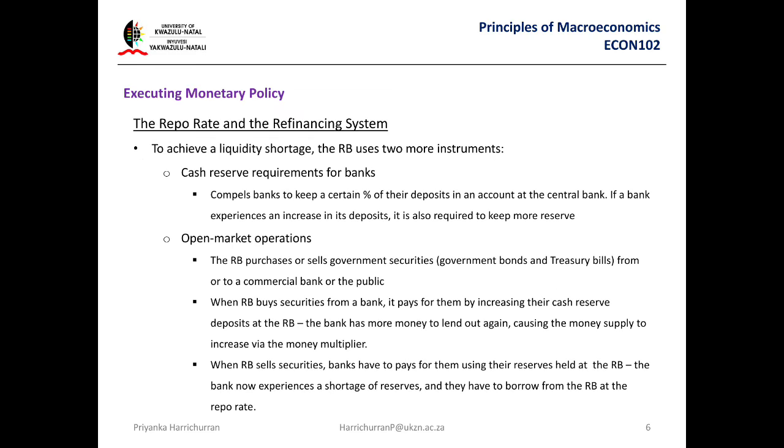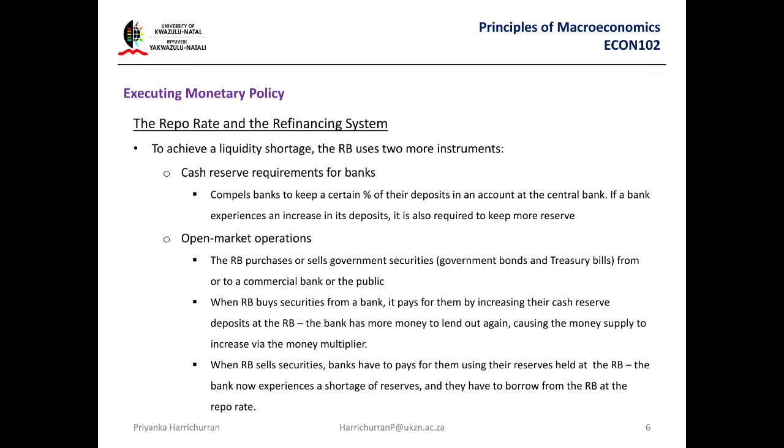Now, cash reserve requirements for banks. To achieve a liquidity shortage, besides the repo rate, the Reserve Bank uses two more instruments. So, what is a liquidity shortage? A liquidity shortage is when commercial banks do not have money.